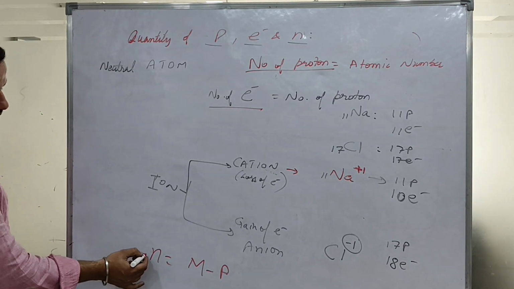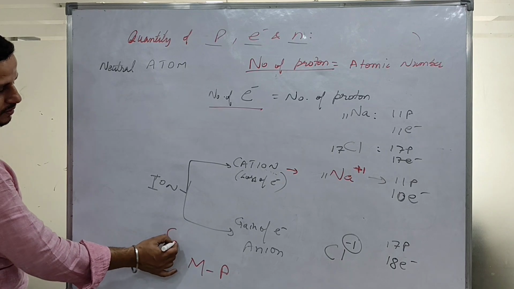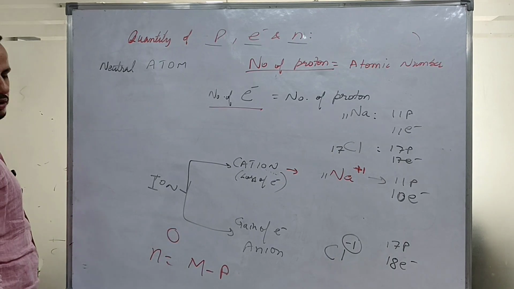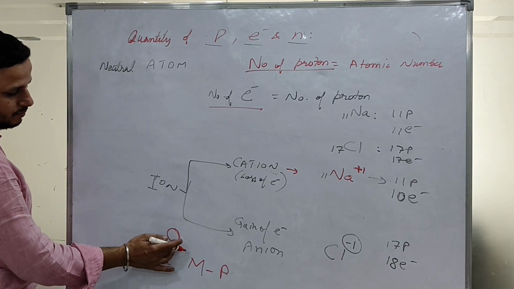So how we calculate neutrons: they are equal to mass minus proton. कि जो एटम का सारा मास है that is concentrated in the nucleus. तो अभी हम उस पर बाद में आएंगे.